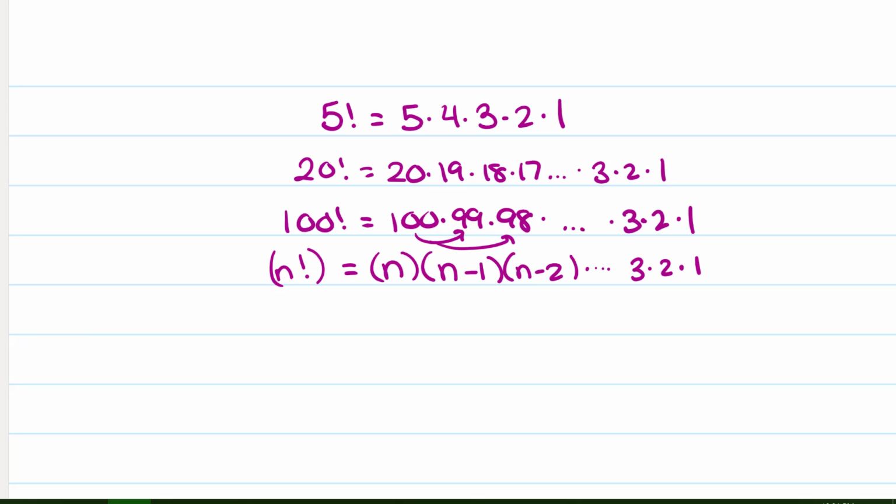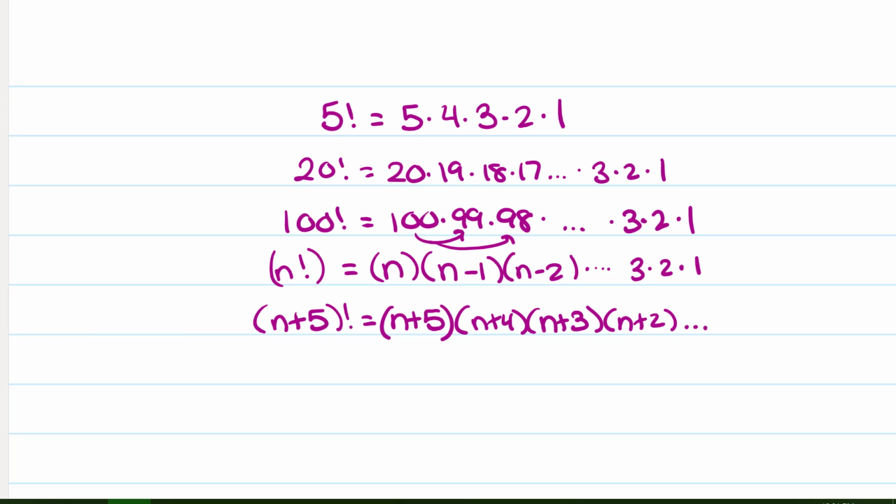So even if you're at 10 million, you'll eventually get down to 3 times 2 times 1. So if I have n plus 5 factorial, it's going to be n plus 5. Then you take away 1, so n plus 4. Then take away 1, so n plus 3. N plus 2, ... all the way down to 3 times 2 times 1. So that's a little review on how factorials work, which is going to help us in this next step.